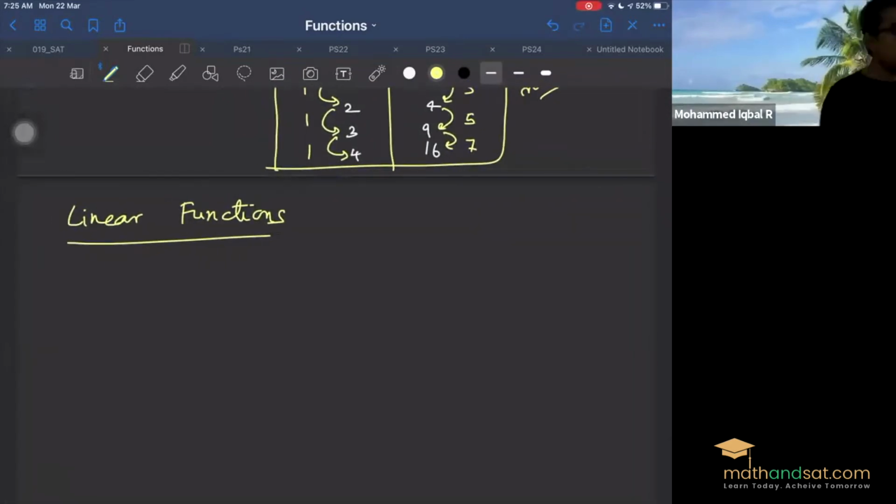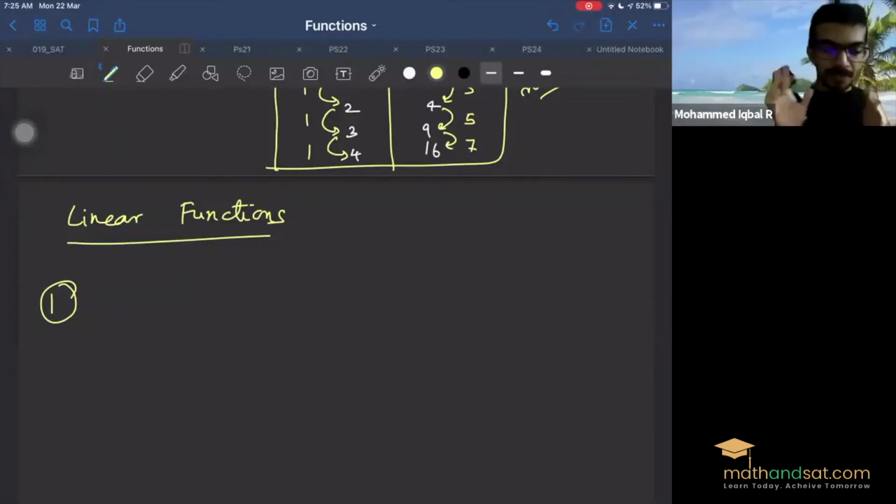The most common scenario is cases where there is a direct variation, or you can say direct proportion. Think of this example. You are working on a job, and for every hour of work, you're getting $20.